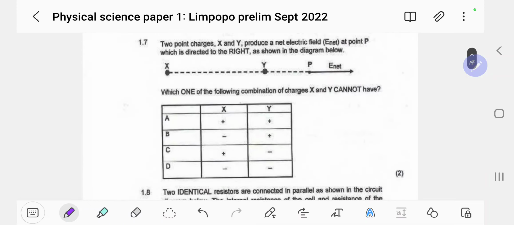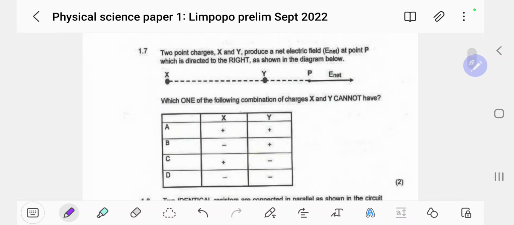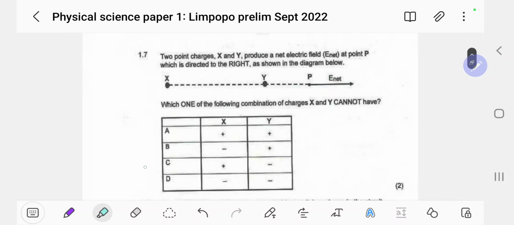Okay, no problem. The next question says two point charges X and Y produce a net electric field. The most important thing is the net electric field at P, which is directed to the right as shown. So there's our net electric field.